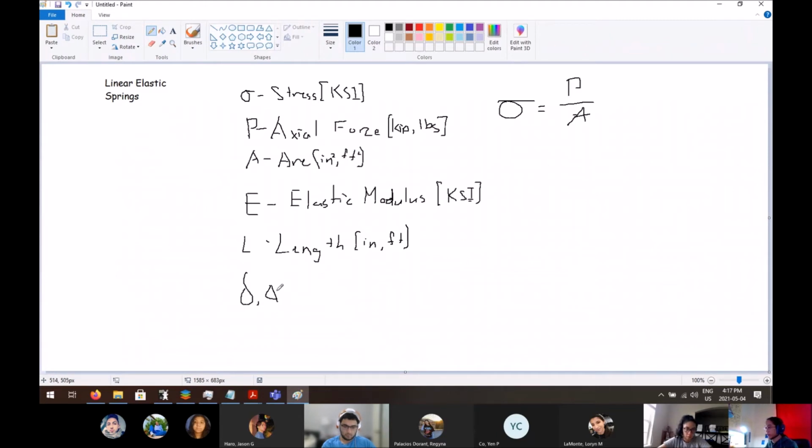That's lowercase delta. This is uppercase delta, which is the triangle that you see in physics or something. But I'm just going to use lowercase. So lowercase delta, that would be deflection.